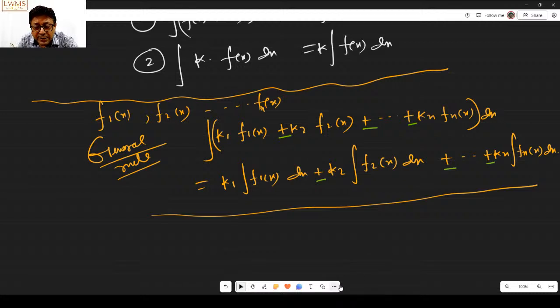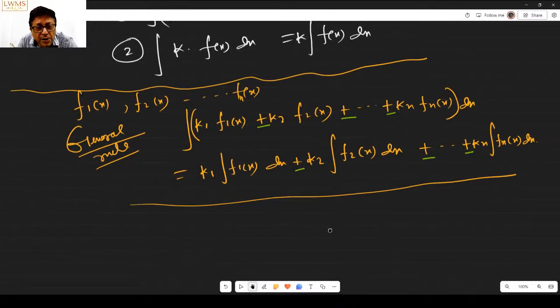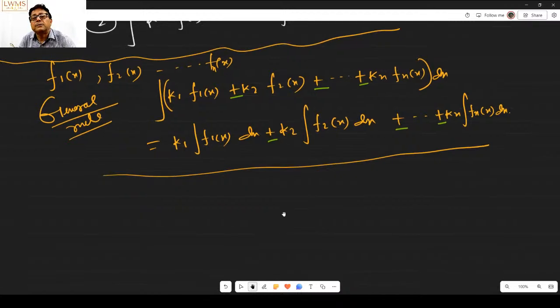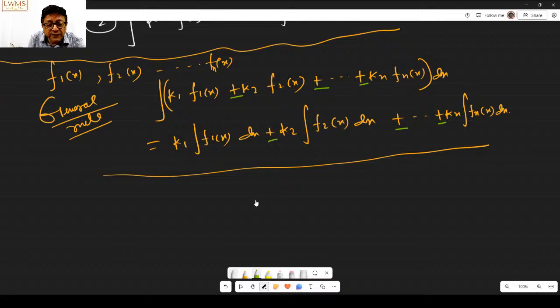So, integration of many functions, I mean, a function that is a sum of many functions, integration can be done. Let us take just one very simple example. We are going to integrate, say, x cube minus 9x plus 10.